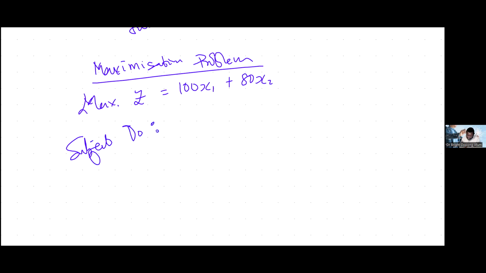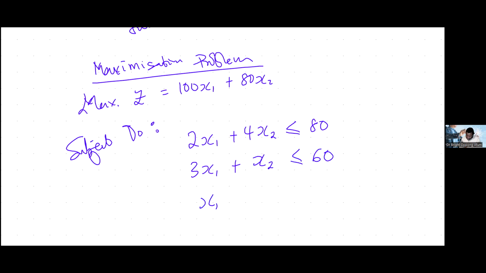The first one is 2x1 plus 4x2 is less than or equal to 80. 3x1 plus x2 is also less than or equal to 60. Then x1 and x2 both satisfy the non-negativity rule, that is, greater than or equal to 0.